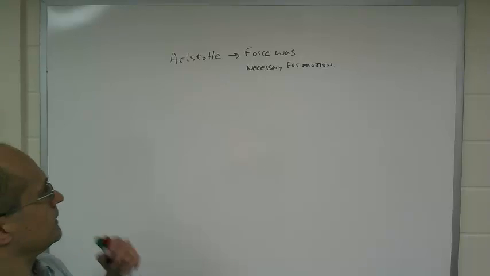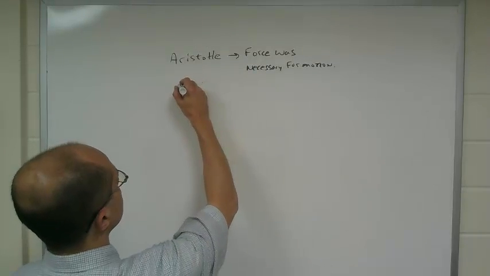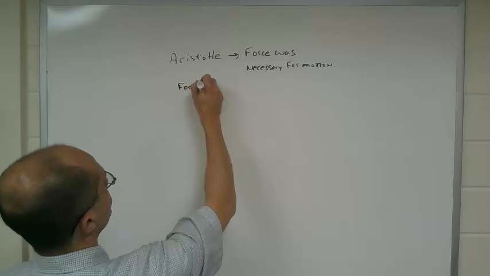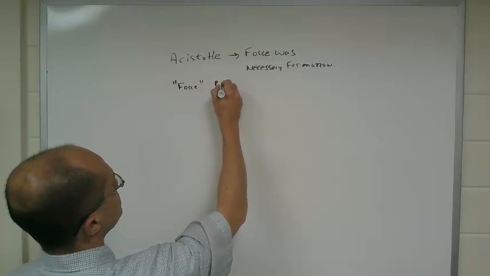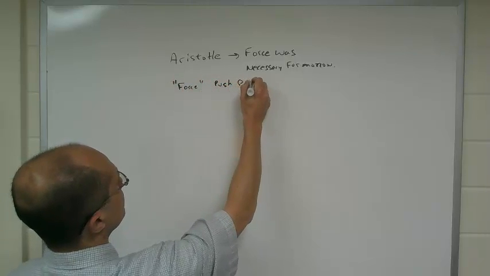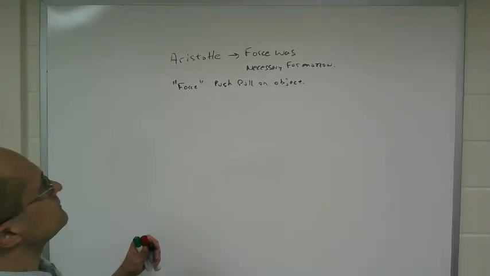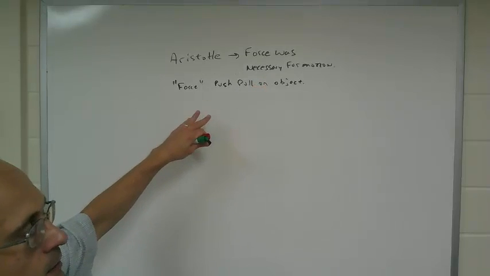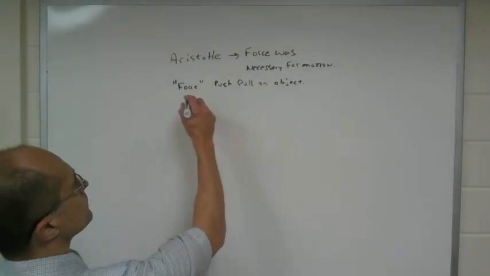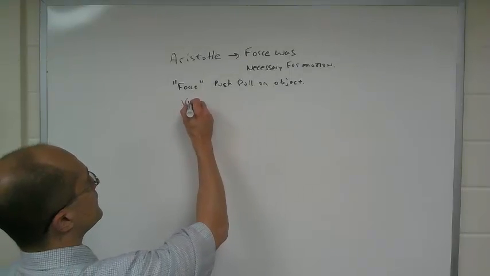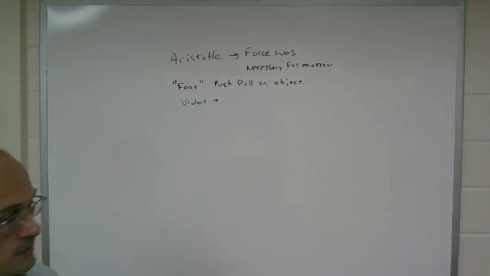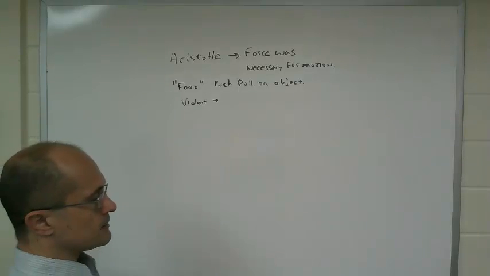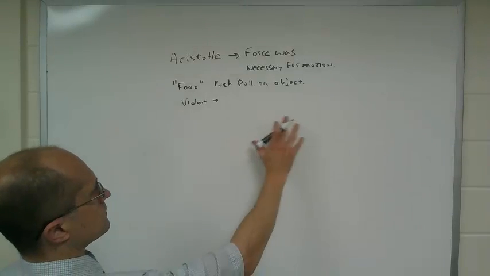The idea that he had for a force was that a force was a push or pull on an object. He said that these forces came in two different forms. There was violent motion, which is when something physically contacts an object and moves it around.